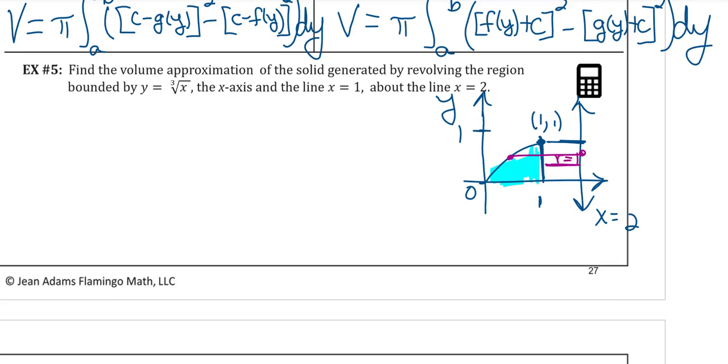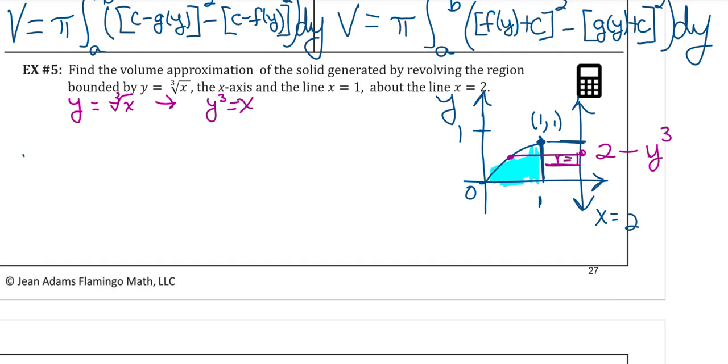So that is going to be 2 minus, and the first thing we need to do is solve our function for x because we're revolving it around a vertical axis. Okay, so we have 2 minus y cubed.